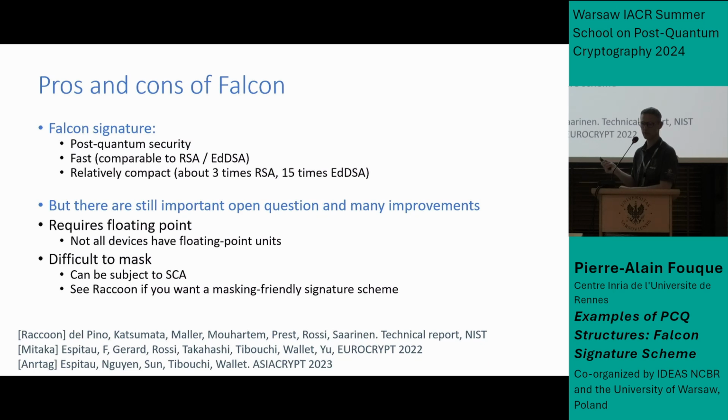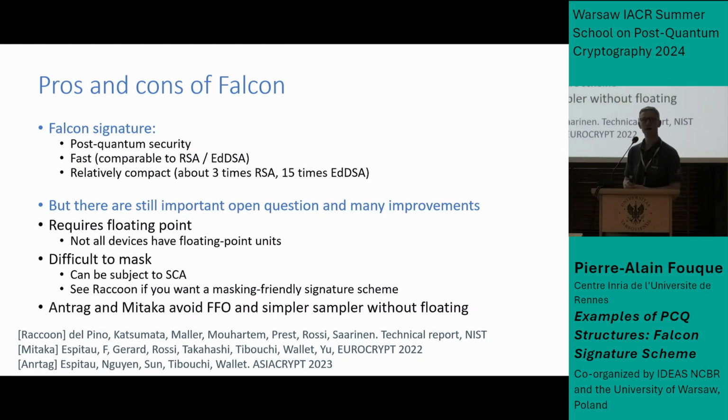There are very interesting schemes that have been described quite recently, called Raccoon, that try to have a masking-friendly scheme. However, the value q is quite large compared to Dilithium, and so it's not as efficient as Falcon. There are some other ways to have a more efficient scheme and to get rid of the floating point evaluation. One interesting proposal is the Mitaka scheme.